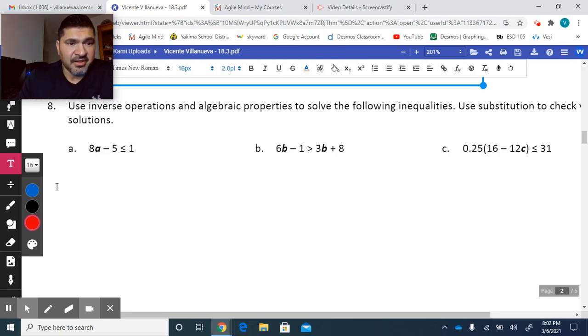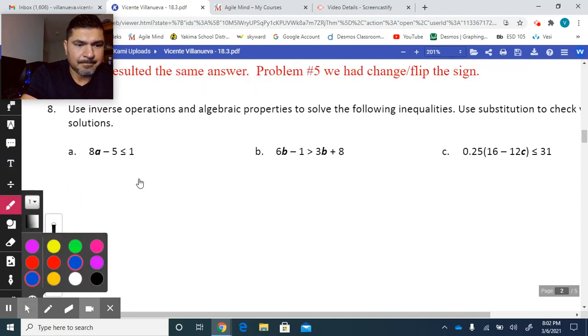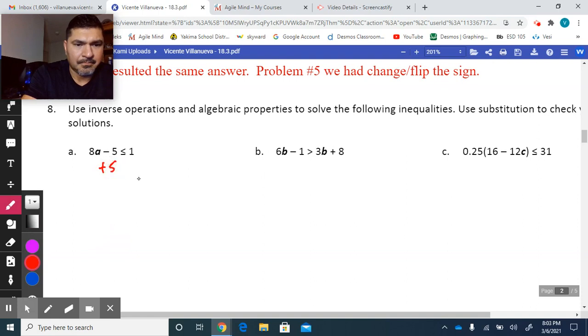You guys should be thinking in your head ahead of me what I need to do first. Hopefully you said, well, we need to get rid of that negative 5, so we need to add 5 to both sides. And we end up with 8a, this is going to cancel, less than or equal to 6.